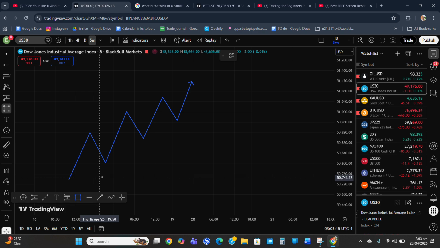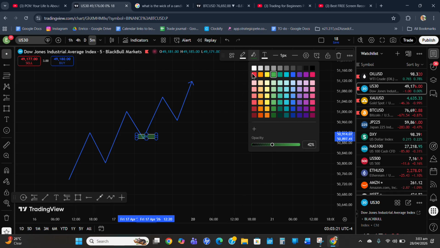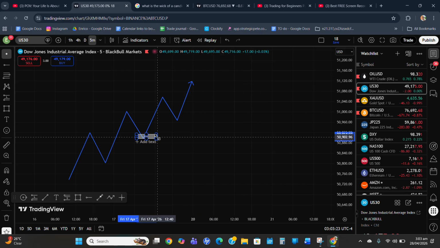For example, this would be what we call a higher low. Let me just make this gray. We call this a higher low, HL. Right, this is a higher low.